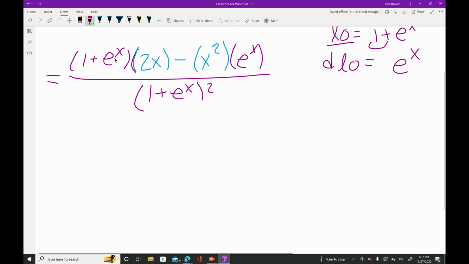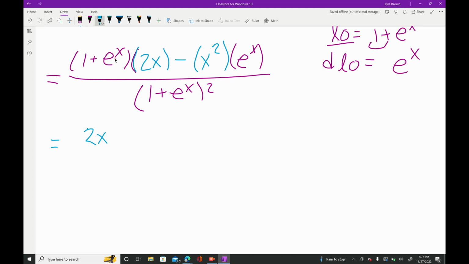And the next thing we're going to do is simplify. So we're going to just use our regular distribution and FOIL techniques we've learned throughout the course of our math journey. We're just going to kind of clean it up. So we have a 1 times 2x, which is going to be 2x.